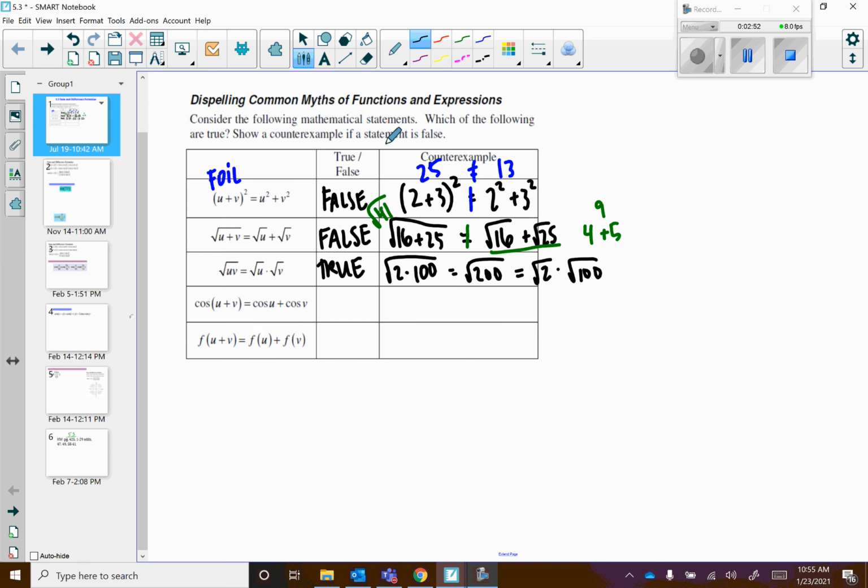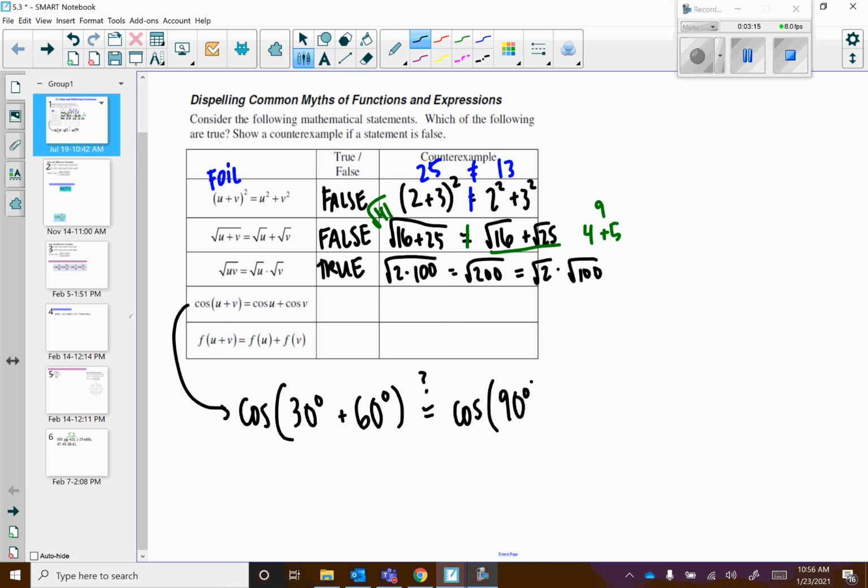This third one says cosine of u plus v is equal to cosine of u plus cosine of v. Well, let's consider an example. So let's see if this is true. Let's go with cosine of 30 degrees plus 60 degrees. And the question is that equal to cosine of 90 degrees, right? Because 30 plus 60 is 90.